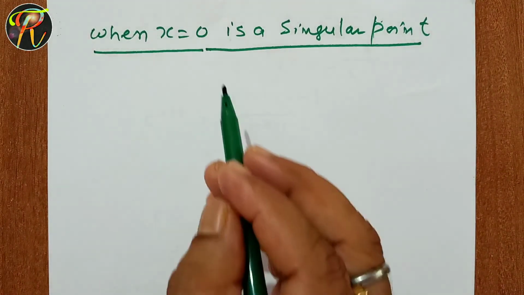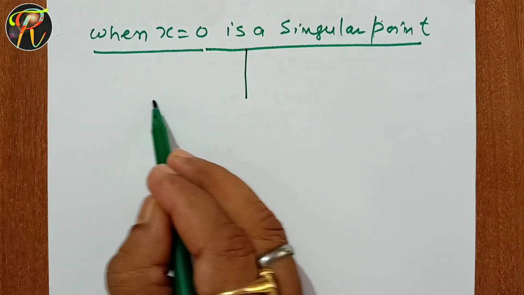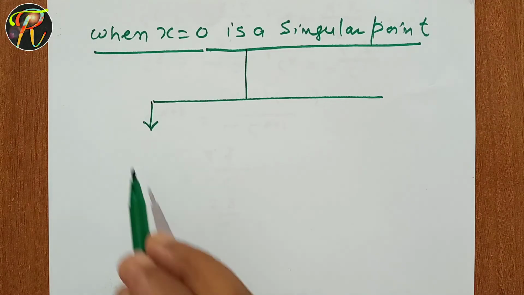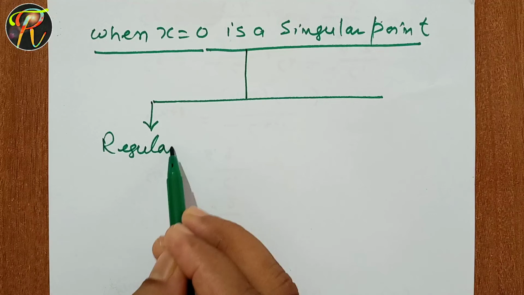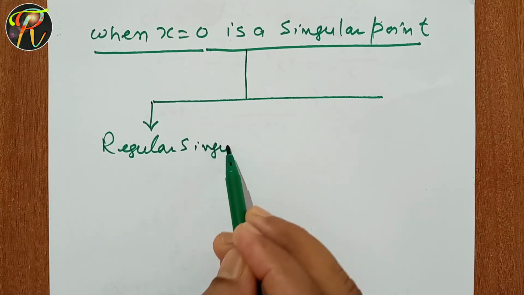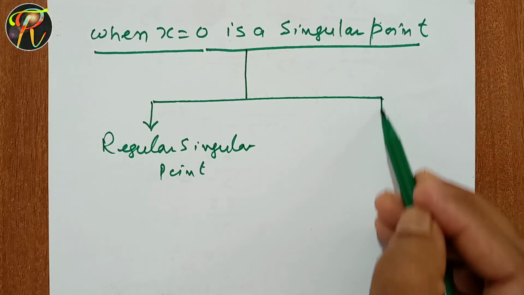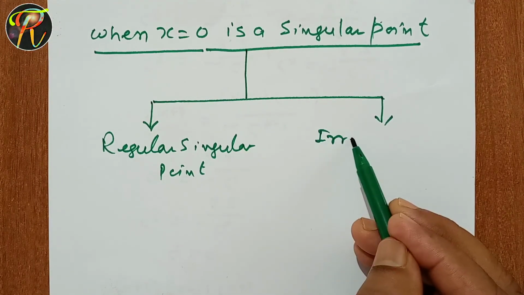Okay, so a singular point is divided into two parts: one is called a regular singular point, and the second is called an irregular singular point.